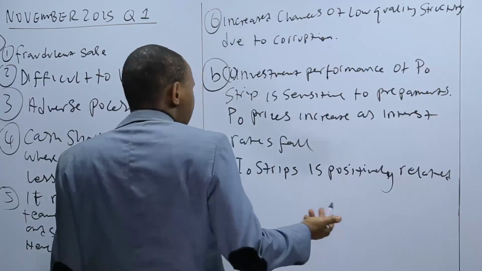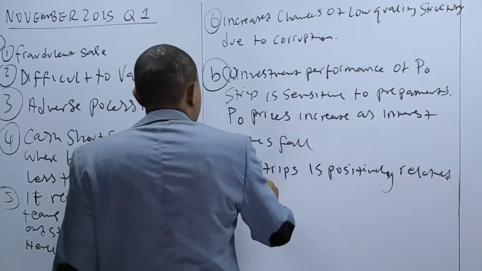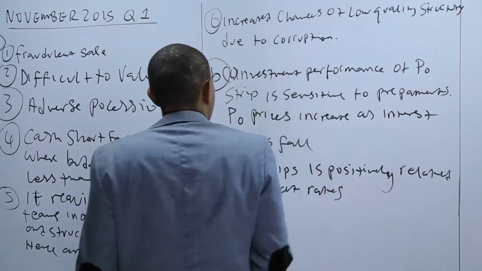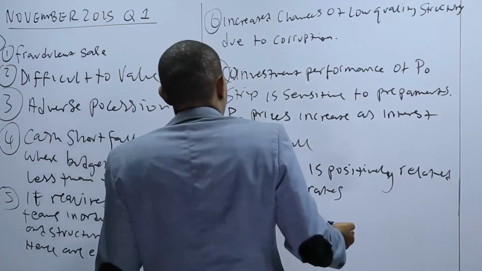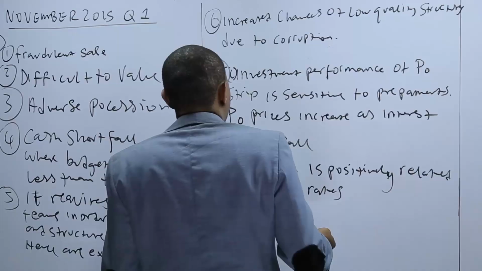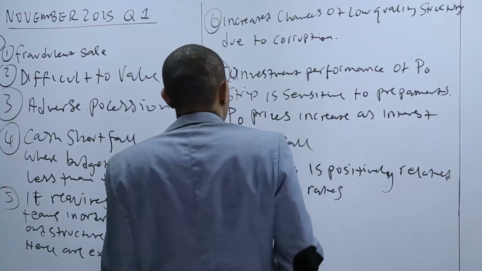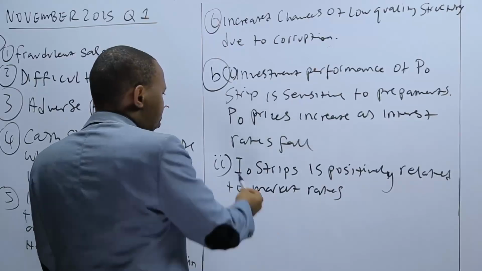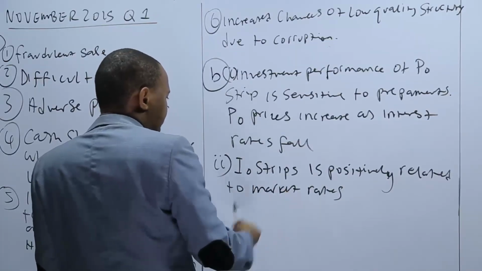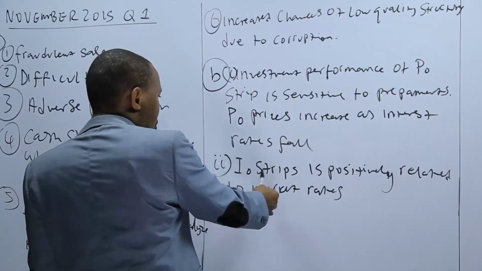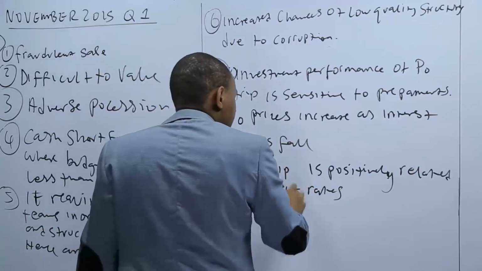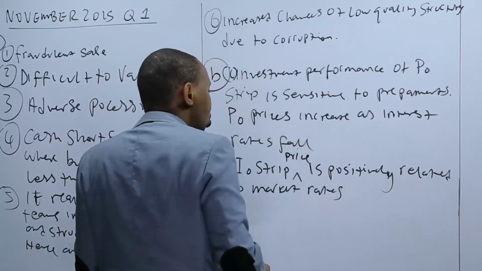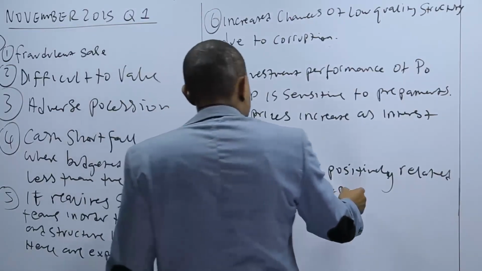We can just add here to make it comprehensive. We can say the interest only strip price is positively related to market rates right over there.